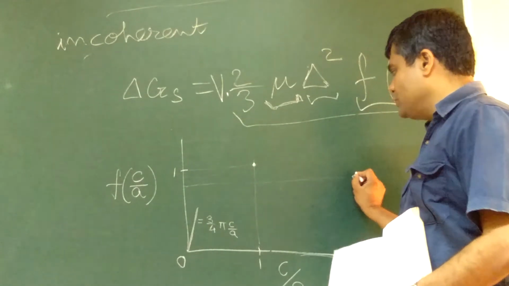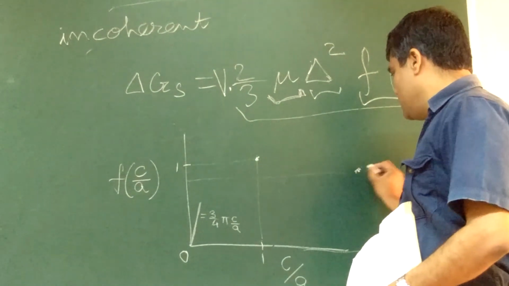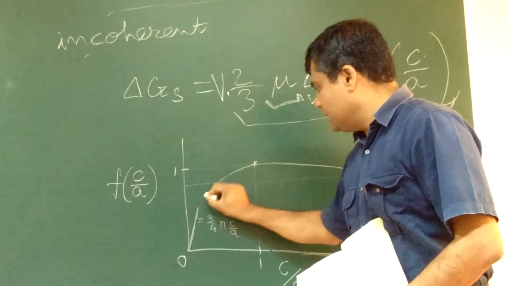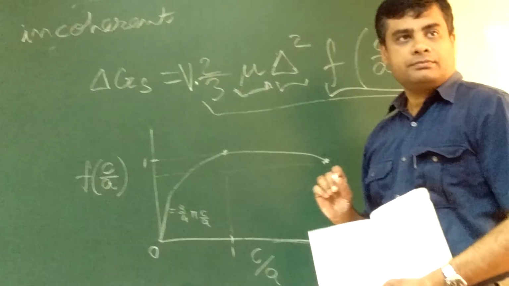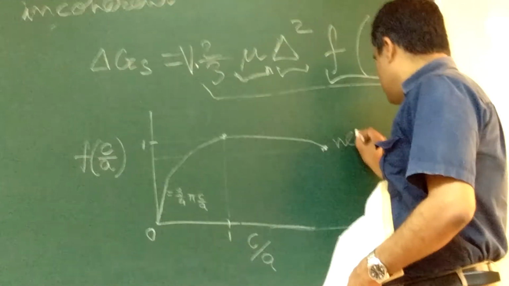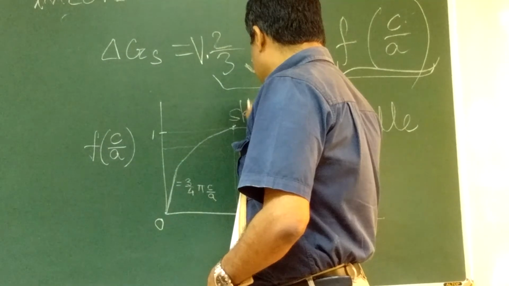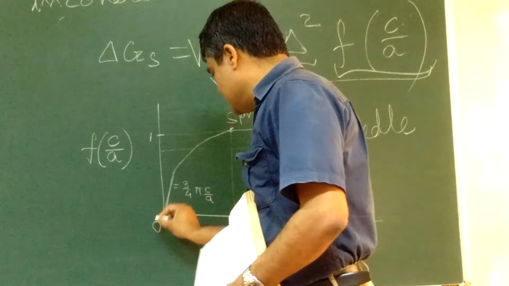and if it is very high, infinity somewhere here, then this value is somewhere around 0.75. So these three values we know, and to make it a continuous function, it will be like this shape. This is a needle shape, this is a sphere, this is a disc.